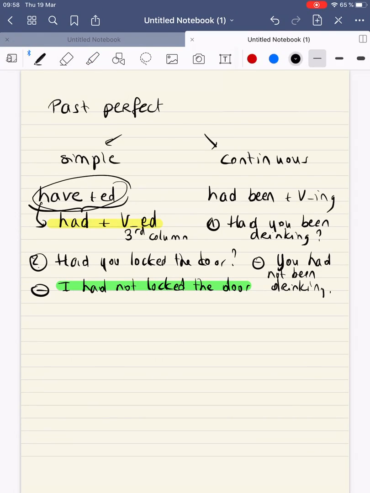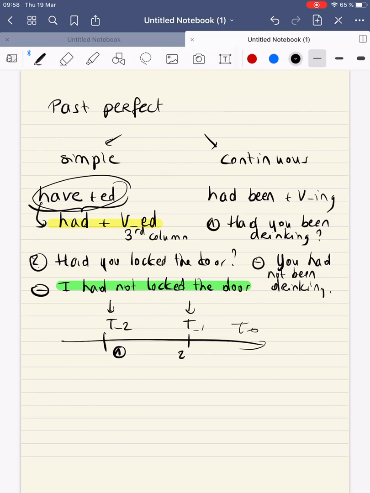I will start with this particular example. I had not locked the door. So if I place myself on a timeline, remember what I told you, T0 is where we stand, T minus 1 is where we are, T minus 2 is something that happened before a past event.